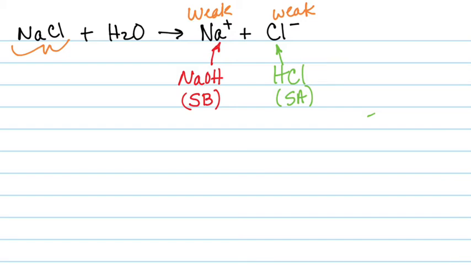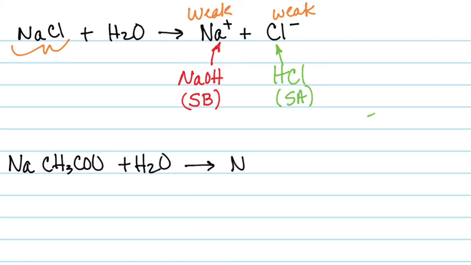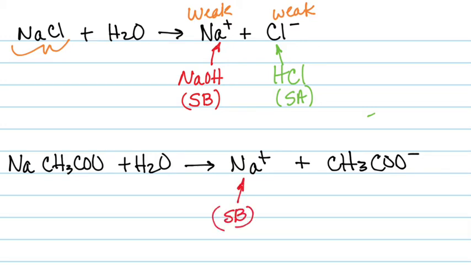In this example, taking the sodium acetate, which has already been mentioned in today's lesson, and I mix it with the water. Again, that's another salt and water, producing the sodium ion and the acetate ion. Our sodium ion, again, is still coming from the strong base sodium hydroxide, so expect it to be weak.